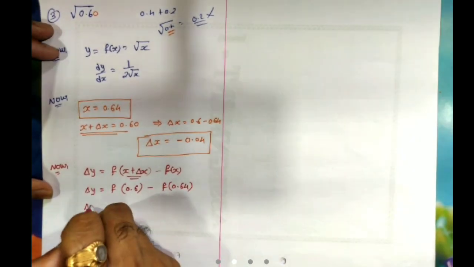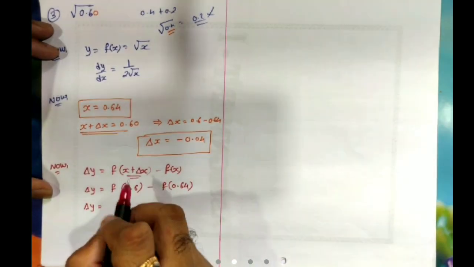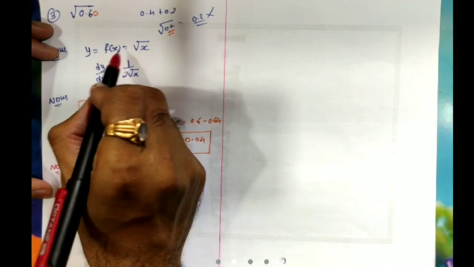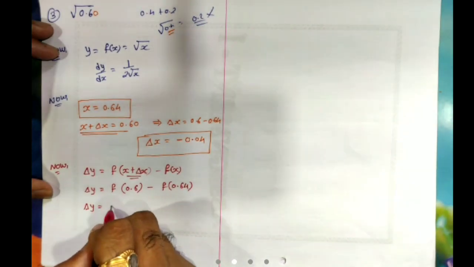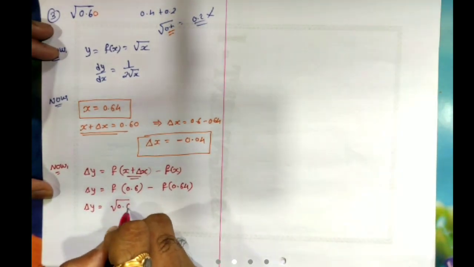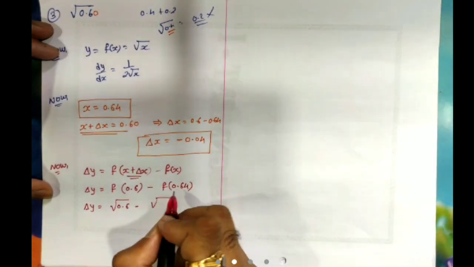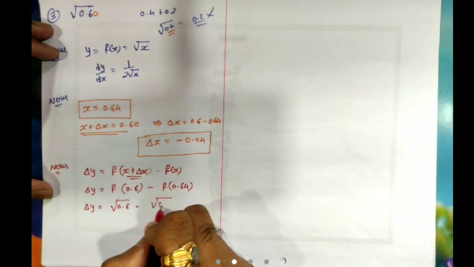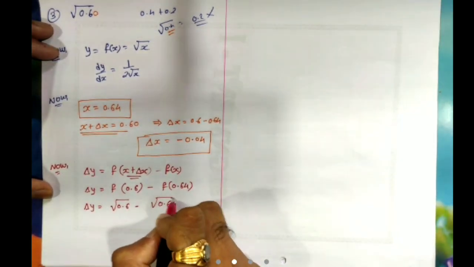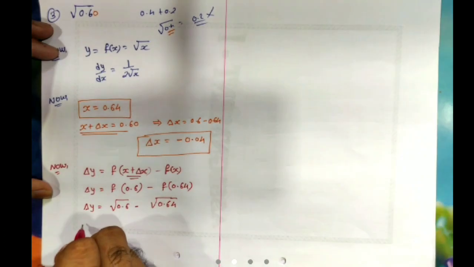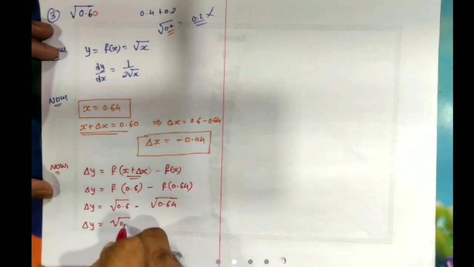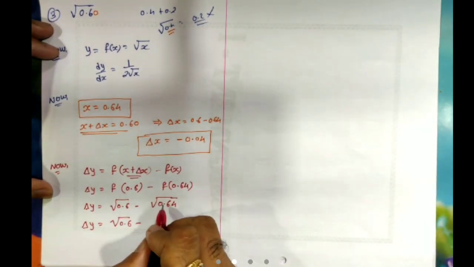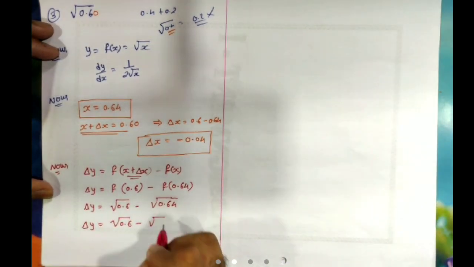If f of 0.6 is there, our function will give the square root of 0.6, minus, similarly, f of 0.64 will give the square root of 0.64. And therefore our delta y is the square root of 0.6 minus the square root of 0.64, which is 0.8.